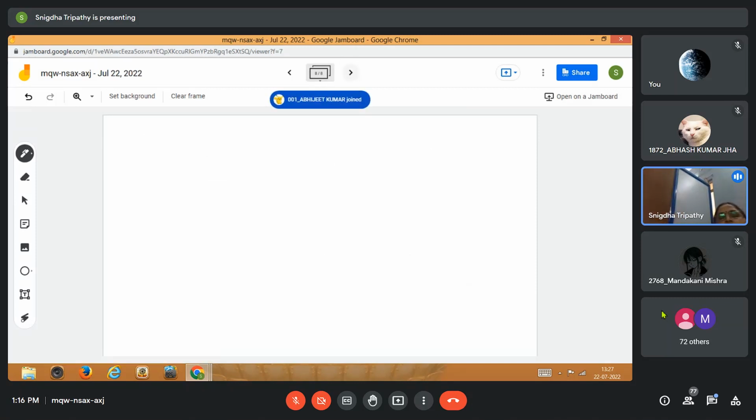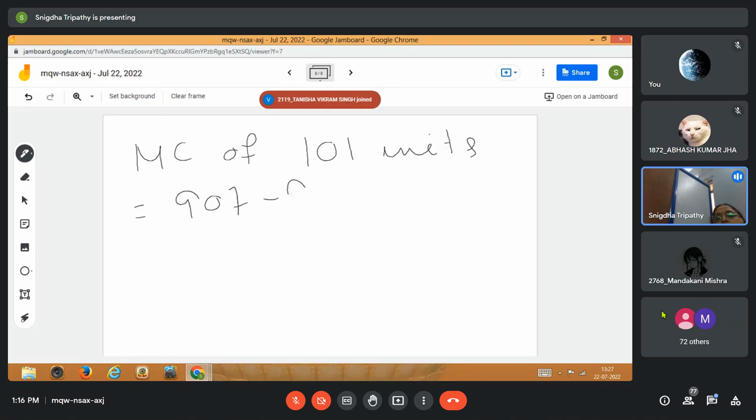Now what is the marginal cost of manufacturing the 101st unit? It is 907 minus 900, so it is 7 rupees.